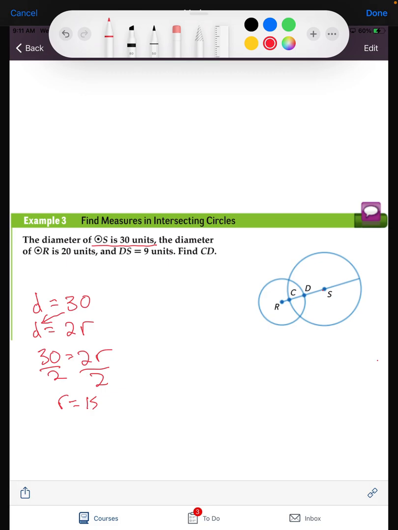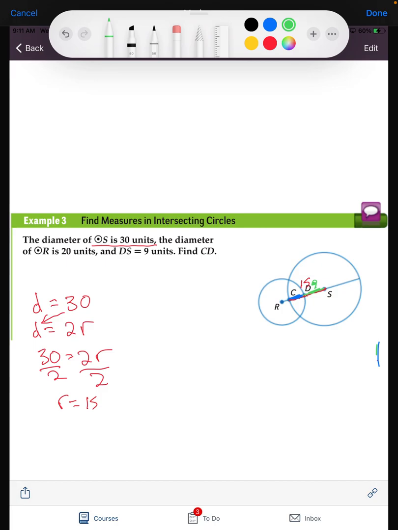So if we want to find this part right here, we know that SC, our radius, is 15, and the part that we want to get is just CD. And it also tells us that DS, so this part right here, is equal to 9.